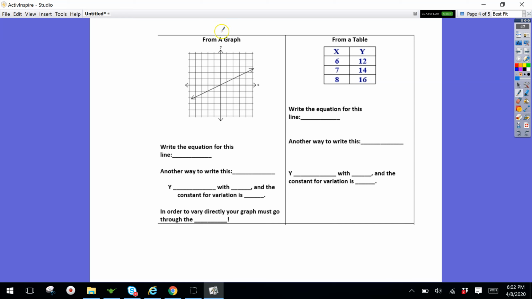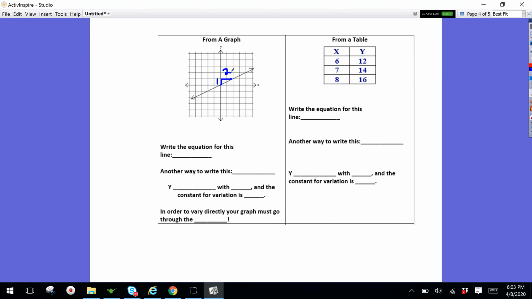So let's go ahead here and look at our graph. Obviously, this is a direct variation because it is going through the origin. And so we can write an equation where all we really need is the slope. If I look here, my slope is going up 1 over 2. So our constant of variation here is 1/2.